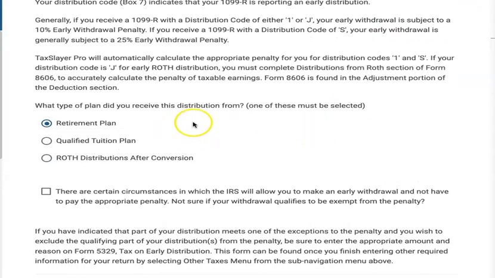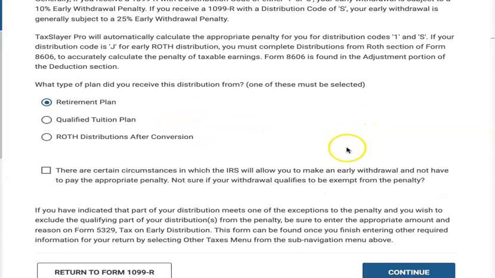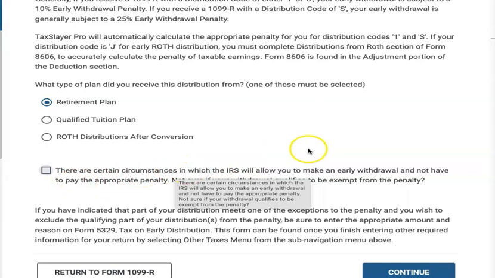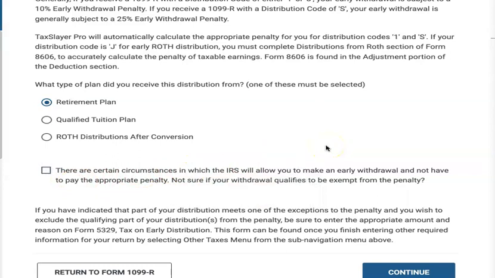And this is a retirement plan, that's checked. It's not clear, quite frankly, what this box here, certain circumstances, does, because the form that you fill out if there's any exception to the penalty, the 5329, does not depend on checking this box. If you check this box, you're not going to see that form.